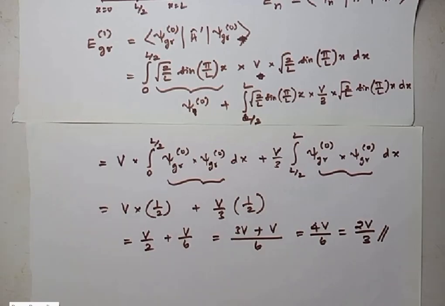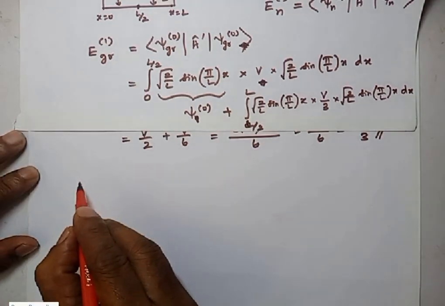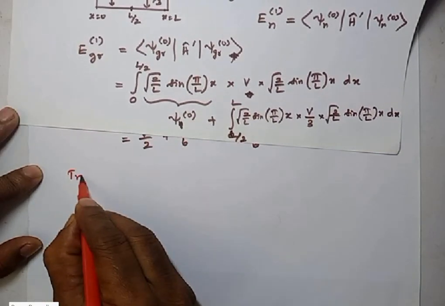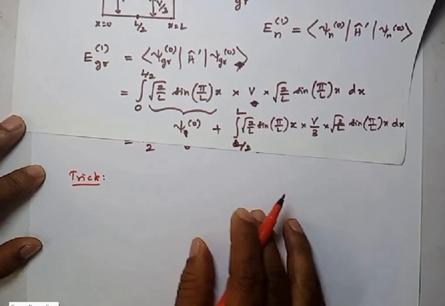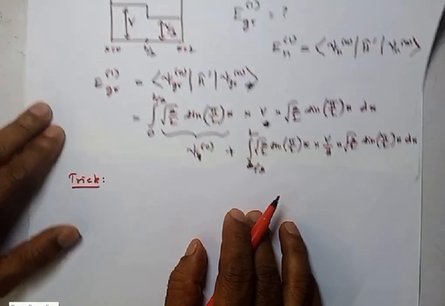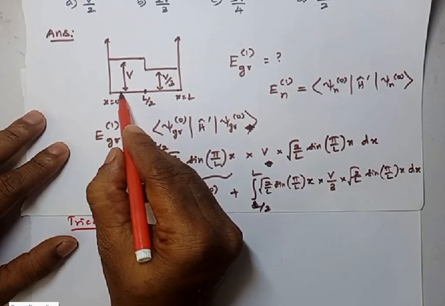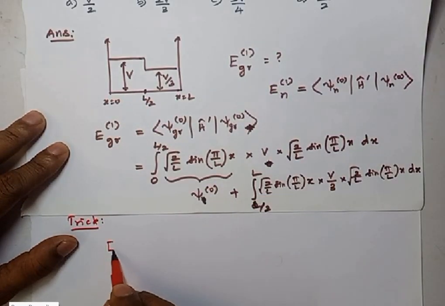See, we can also do it in a simplified manner. The trick is applicable for particle in 1D box. Listen, it's a very simple one. We need to find out the first order correction to the energy of the ground state.